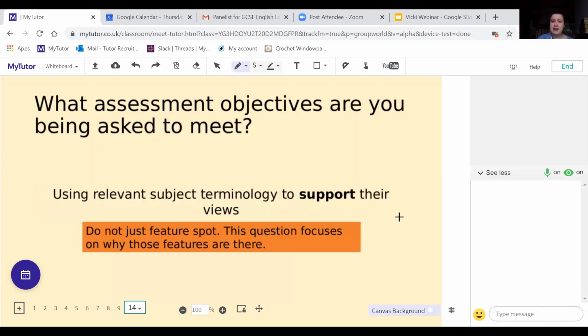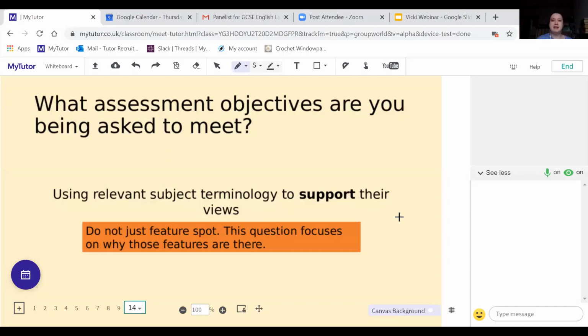Support is really, really important here. If you just go into the exam and feature spot and say, here's personification, here's my example, this shows that I'm thinking what we've looked at. I've done a past paper one on the videos, which is up on the online school, about the T-Rex.